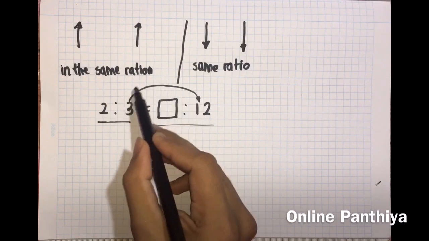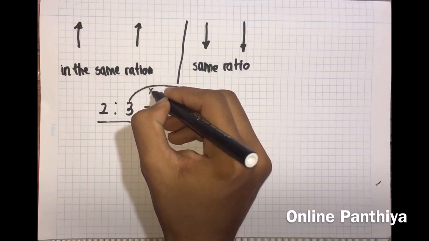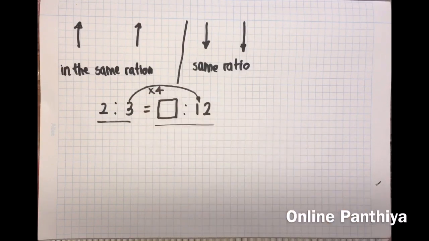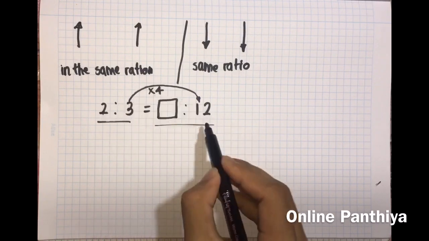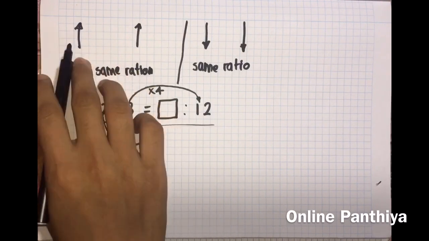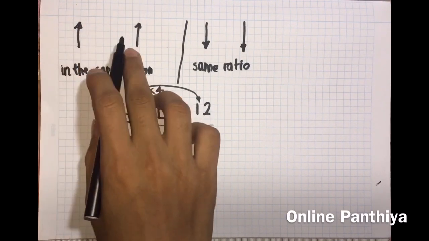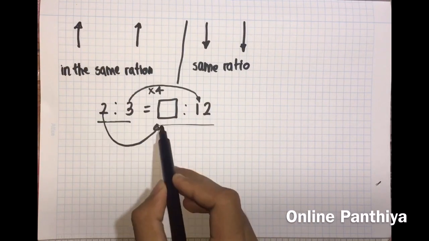How has 3 become 12? 3 has become 12 by multiplying by 4. The same ratio means this 2 also should increase, because this has increased. When one quantity increases, the other also should increase.